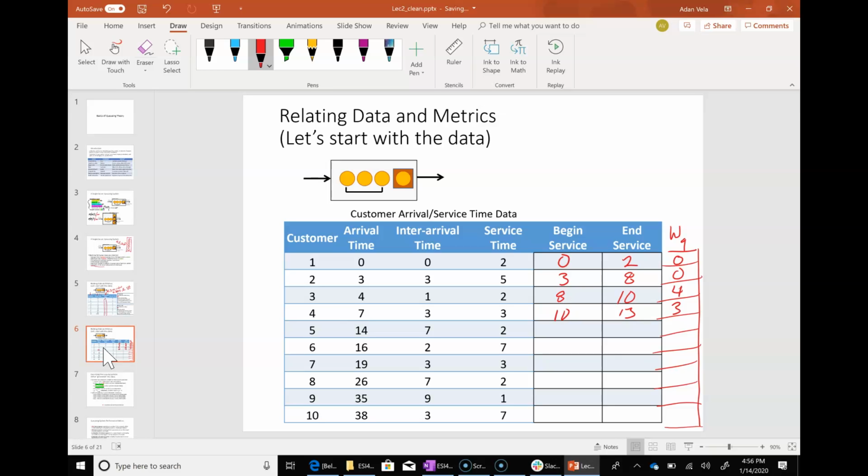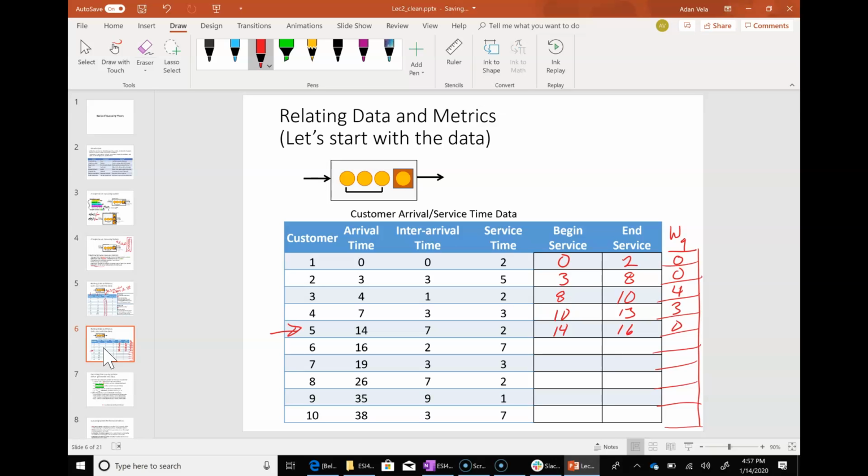Customer 5, what time do they enter? 14. Do they go directly into line or do they have to wait? They go directly in, because the previous customer finished up at time 13. So we can keep going through this process.